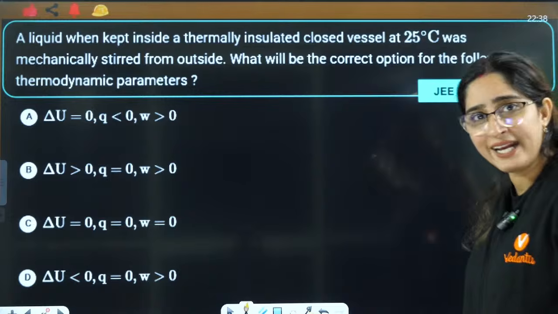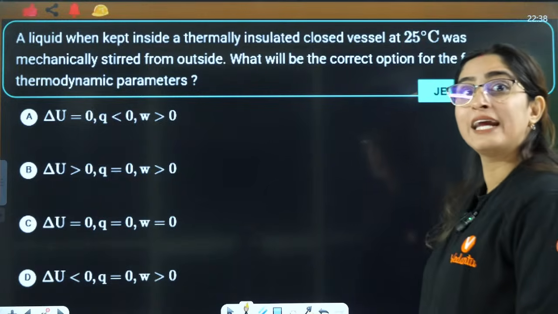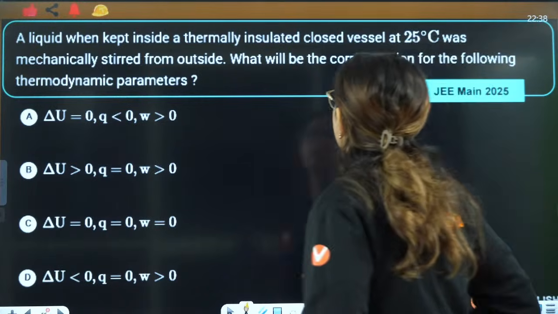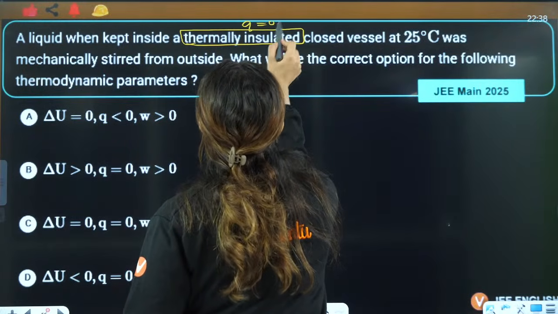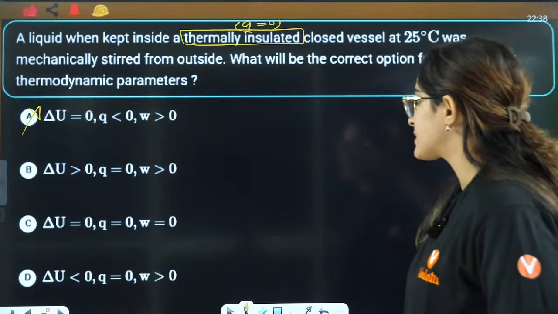That means heat exchange is not there, right? If heat exchange is not there, then I can say Q is equal to 0. So that means the first option is eliminated here, right?